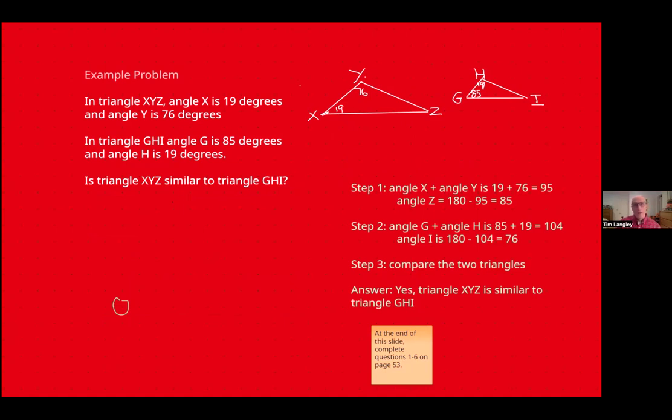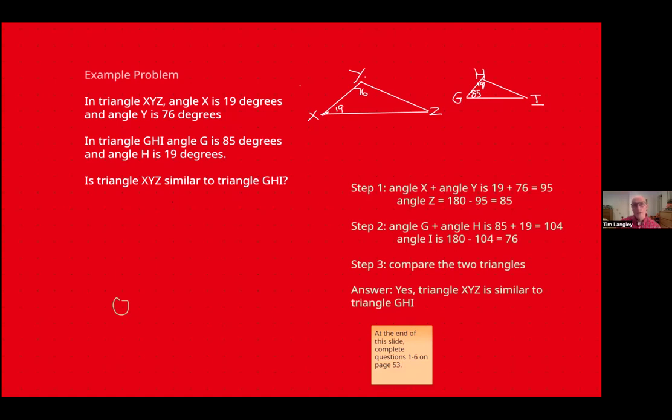Example problem. In triangle XYZ, the first one here on the left, angle X is 19 degrees and angle Y is 76 degrees. In triangle GHI, that's the second one to the right here, angle G is 85 degrees and angle H is 19 degrees.